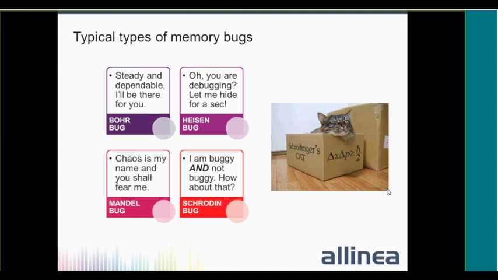Typically, if you have a bug that doesn't have a deterministic behavior, that will happen sometimes or generate incorrect results or will disappear on a few runs and then come back, there's a very high probability that these bugs are related to the memory. They are typically very difficult to find, but the good news is that Allinea Forge includes memory debugging features that you can use.